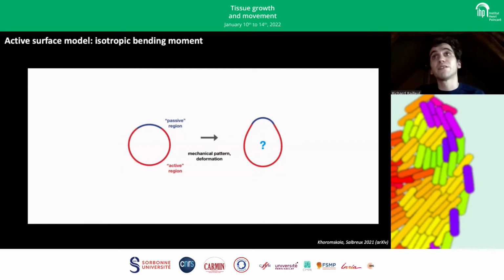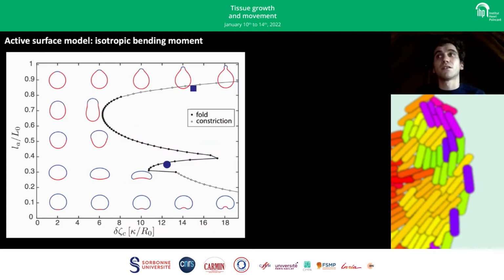And by putting different extents, different patternings between this blue and red region, active and passive regions, and different intensities of the active contributions, they did simulations and established these morphospaces.